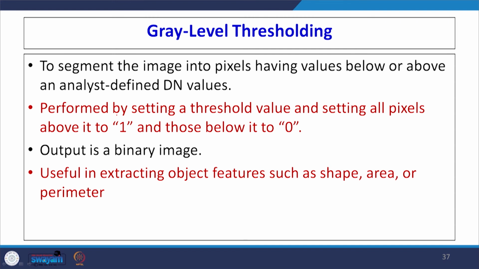So I must identify what is the DN value range of the water feature in the satellite image, and then try to give them value as 1 and others value as 0. So I will make a bit image from that, 1 and 0.